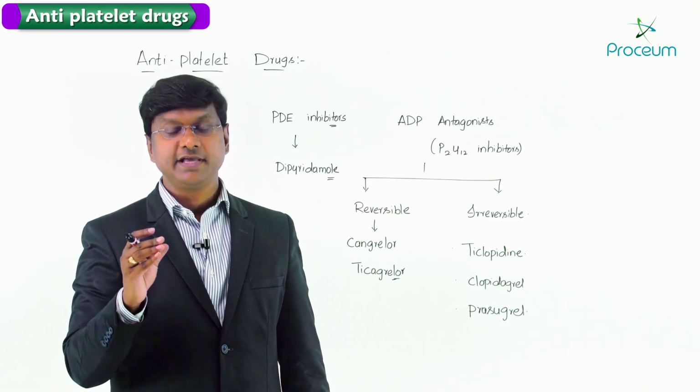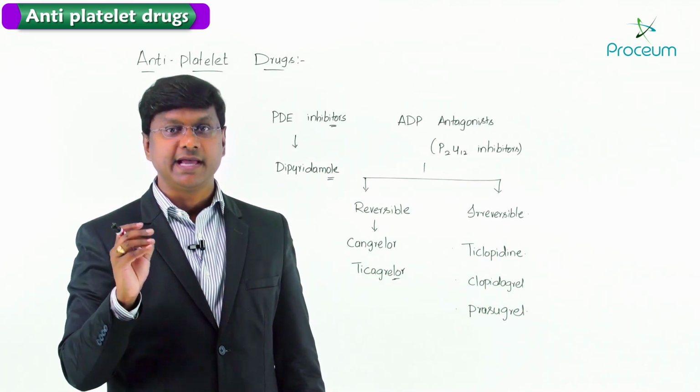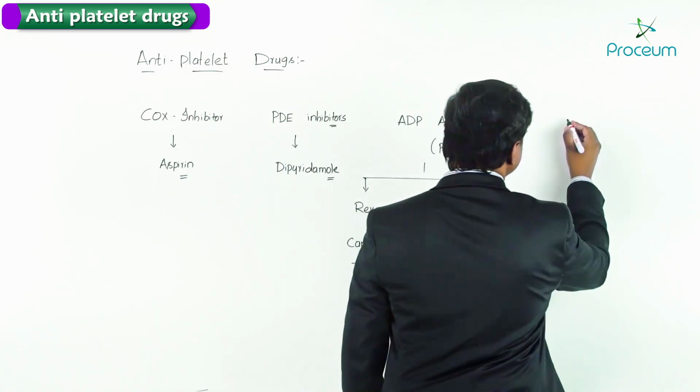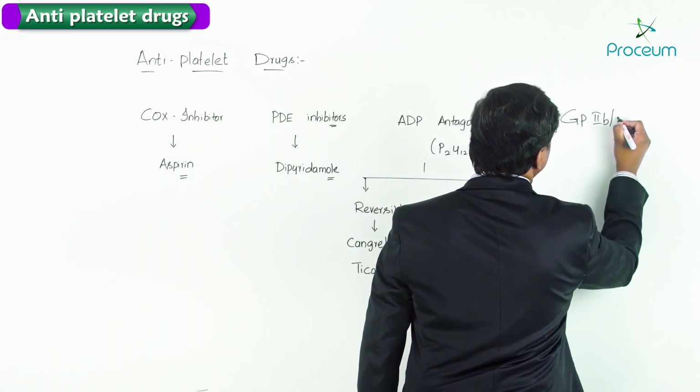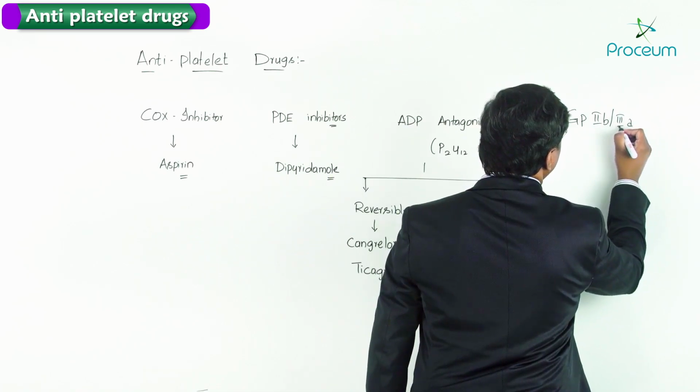Then followed by that we have glycoprotein 2B3A antagonists. So what are the examples of glycoprotein 2B3A antagonists?